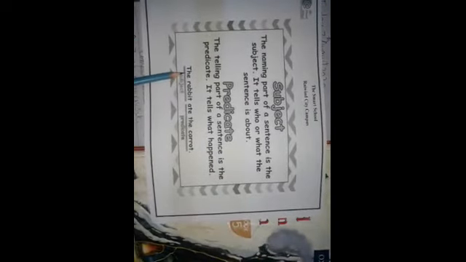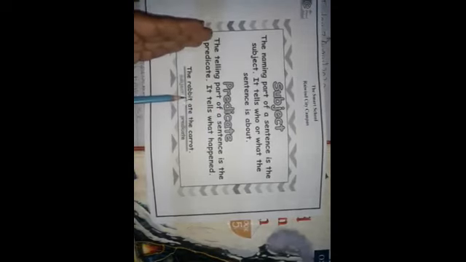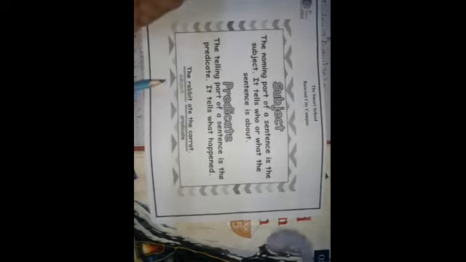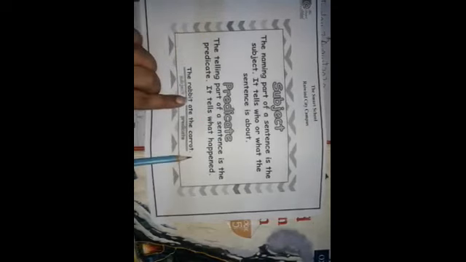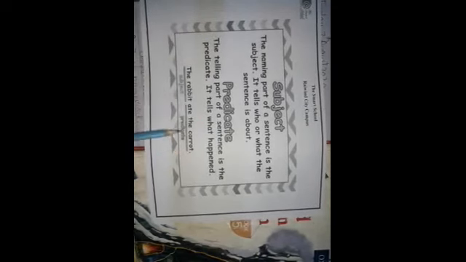Let's read this out. The rabbit ate the carrot. The rabbit is the subject because he is a doer of some action. He is the performer of some action, right?